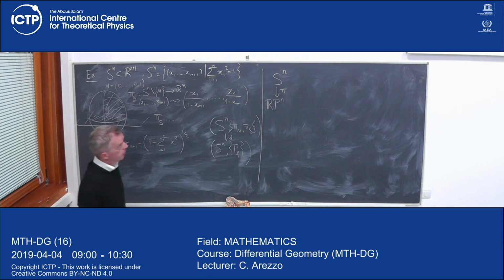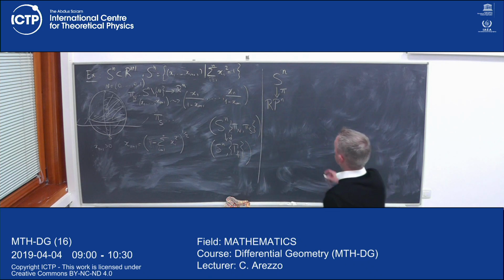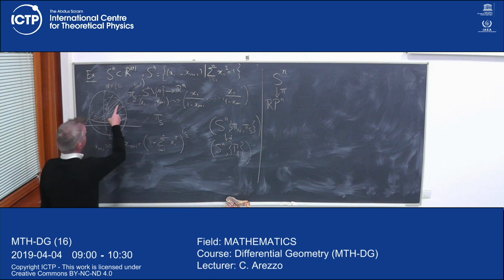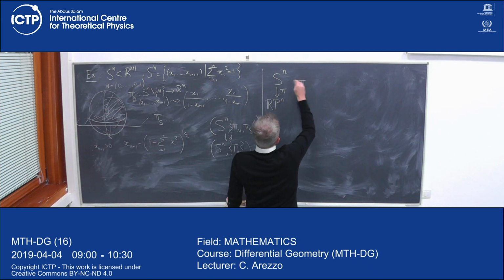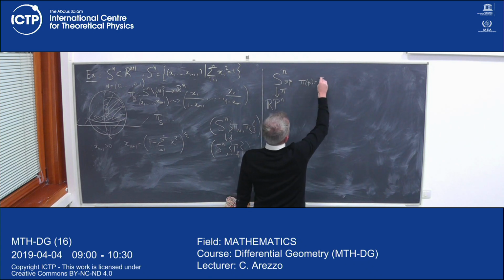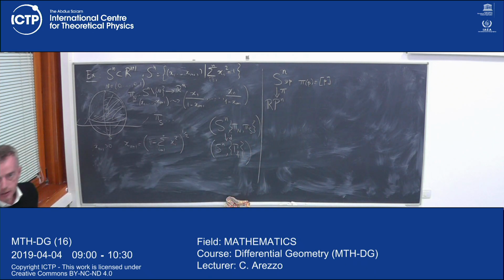So I take 2 points. Every point of the sphere, of course, is a point of R^(n+1) minus the origin. So I can really say, pi of p, if I take a point p here, I just look at the equivalence class of p. Now, what is the difference from saying it from R^(n+1) minus the origin?